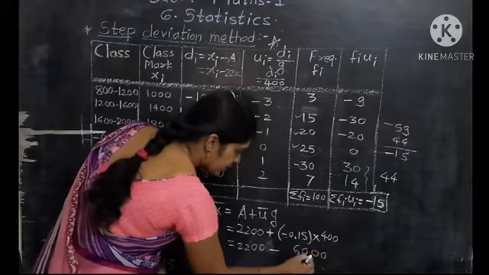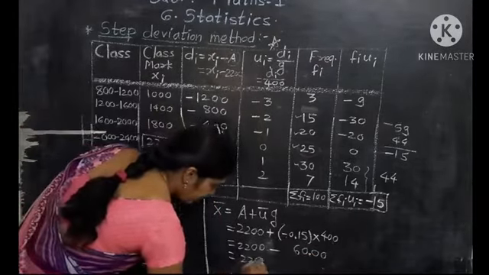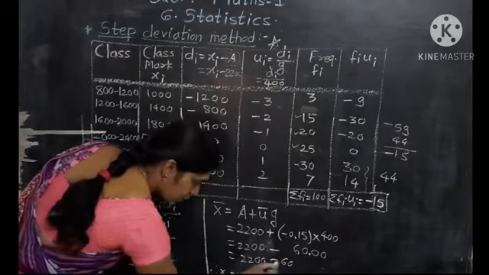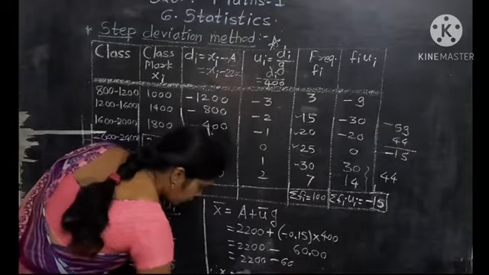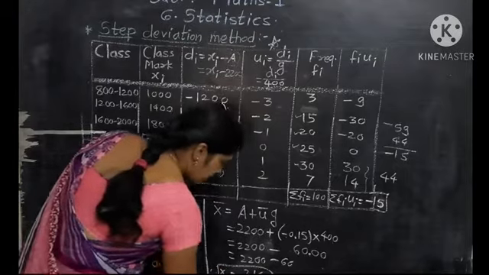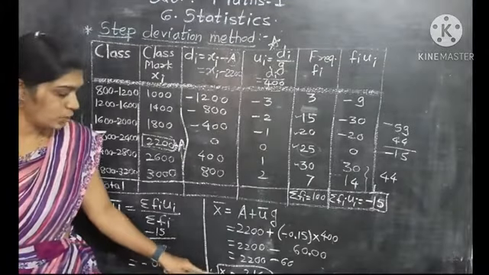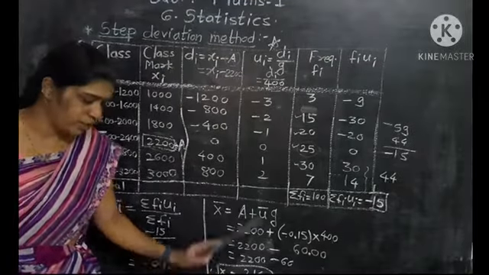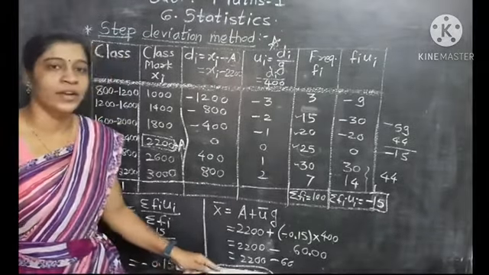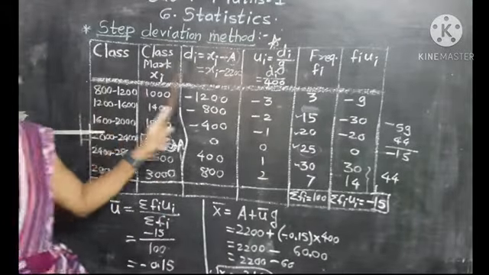After 2 decimal places means 2200 minus 60. Therefore x bar is equal to, what is the subtraction here? 2140. Means the mean in this example is 2140. Therefore the mean of investment in health insurance is equal to 2140.